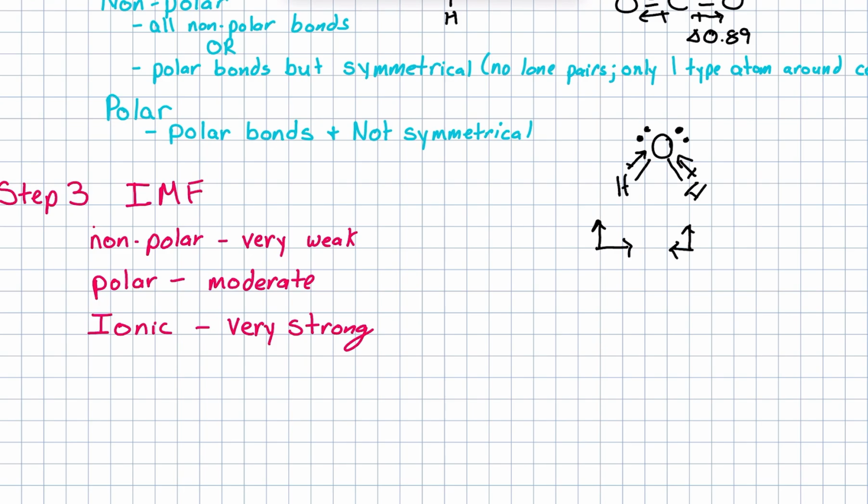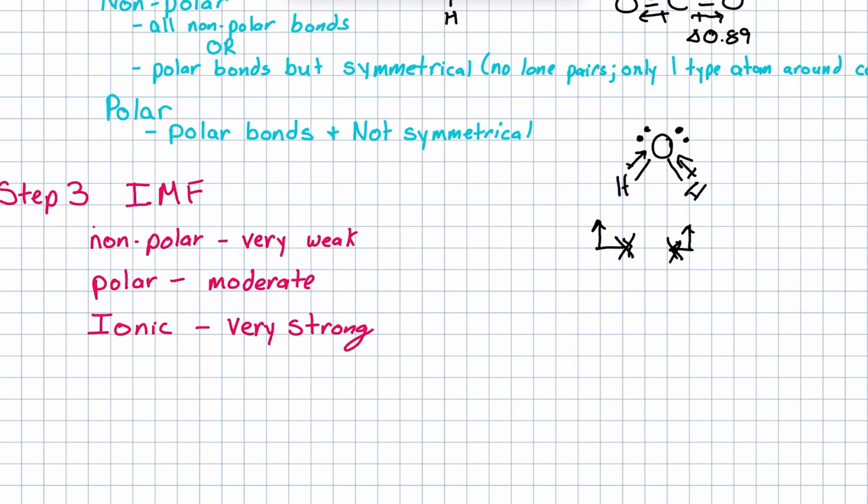And so if I take my vectors and I break them into their two components, the x component and the y component, when I look at this, my x components are going to cancel out because they're in opposite directions. My y components, however, are both pointed in the same direction, and so it's not going to cancel out.